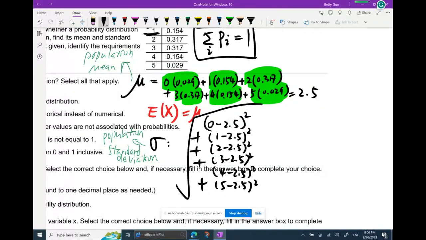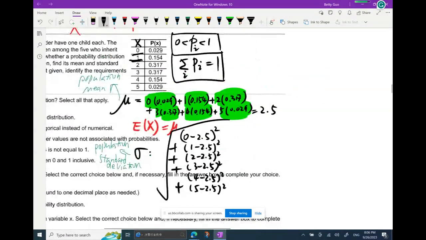Oh, sorry, I missed one thing. Multiply by the probability. My bad. I don't really use this method much. Multiply by the corresponding probability: this by 0.154, this by 0.317, this by 0.317, this is 0.154, this is 0.029.